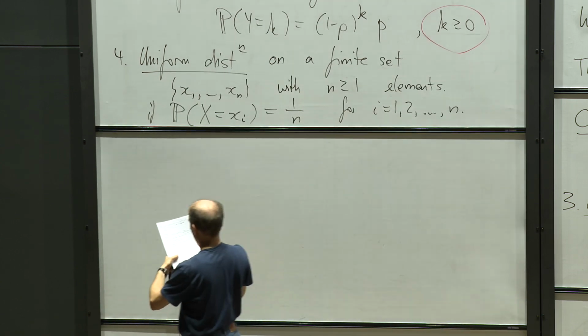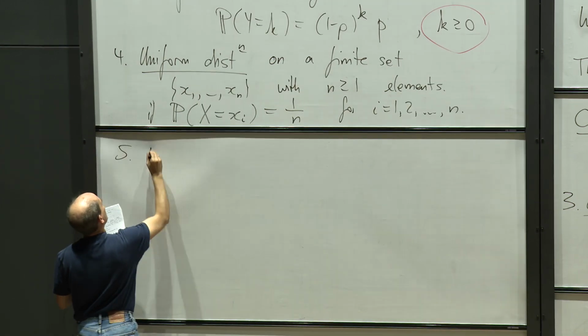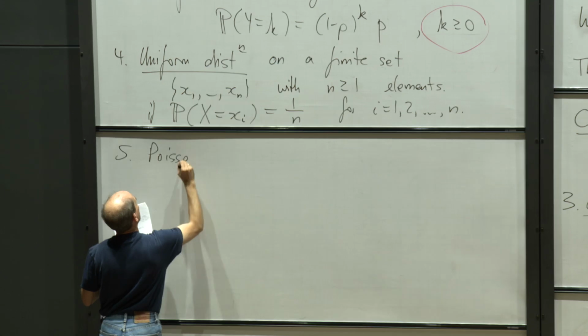Okay, and one more, number 5, the Poisson distribution.